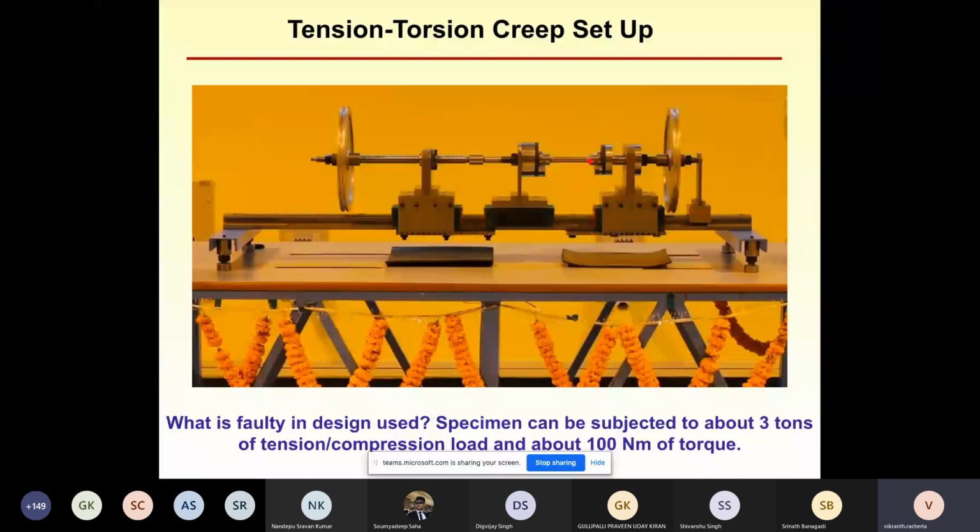Now this specimen is attached to this particular vertical column which can freely translate, and inside this block over here we have a taper roller bearing. The inner raceway of the taper roller bearing is free to rotate and is attached to this particular lead screw, ball screw.